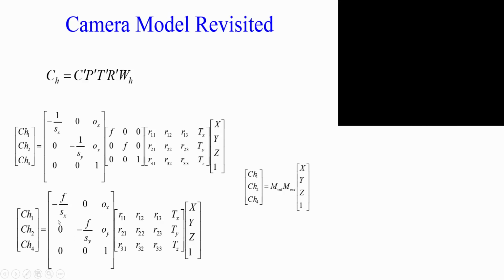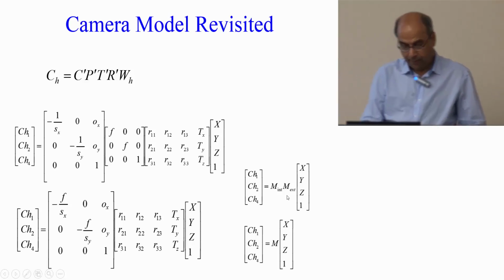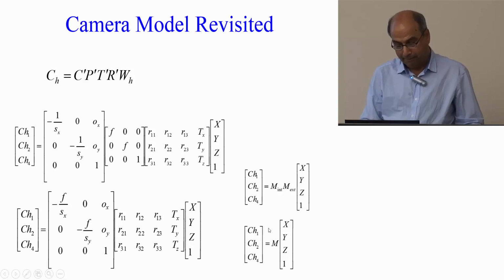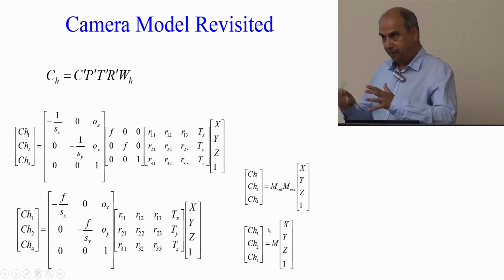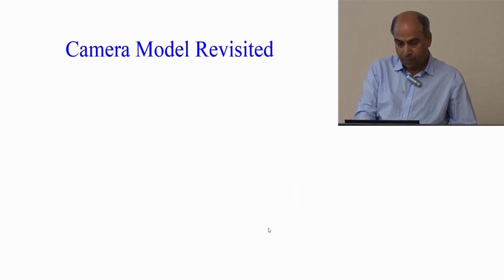This is the intrinsic, which is capturing focal length and all other things related to the camera. So we multiply these two and become one matrix, called the M matrix, a camera matrix which captures everything, and which was the A matrix in our case before.